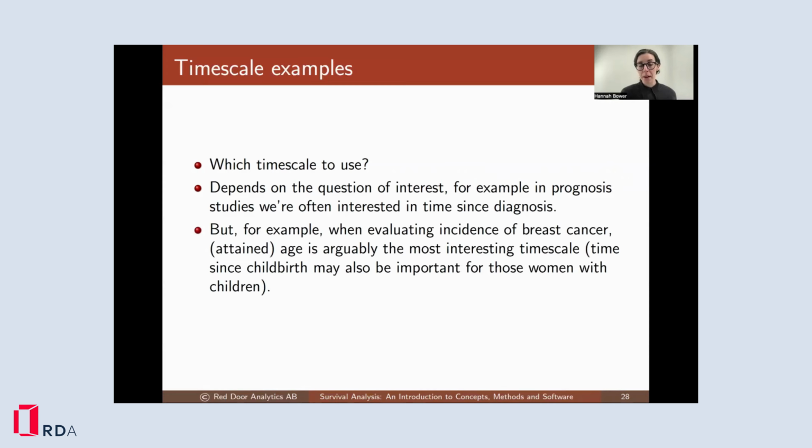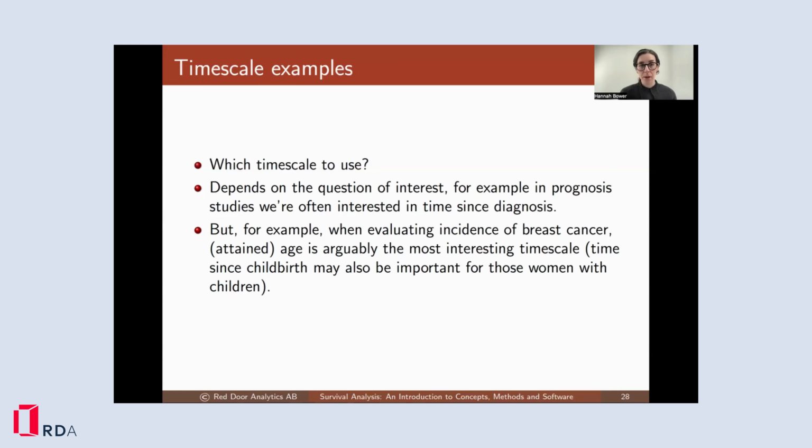For example, if we look at breast cancer, we know that the incidence of breast cancer increases across the attained age timescale. You're more likely to be diagnosed with breast cancer as you age. Another important timescale for the incidence of breast cancer could be time since childbirth for those women who have children.